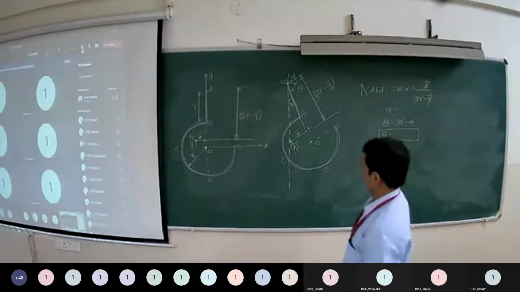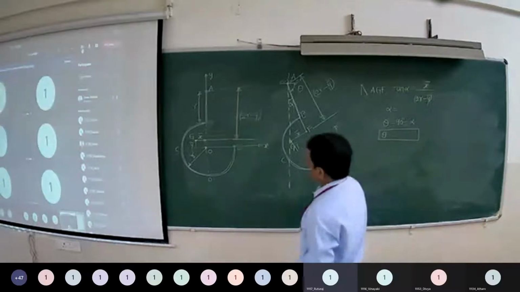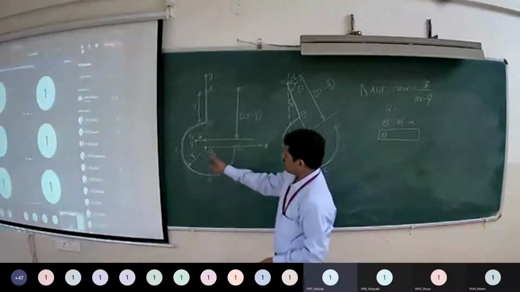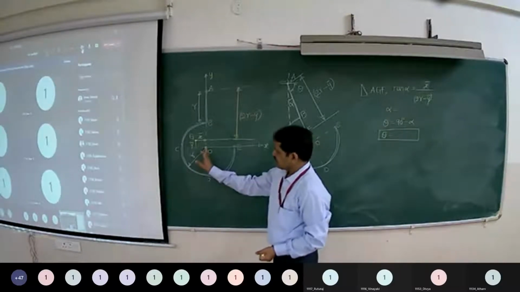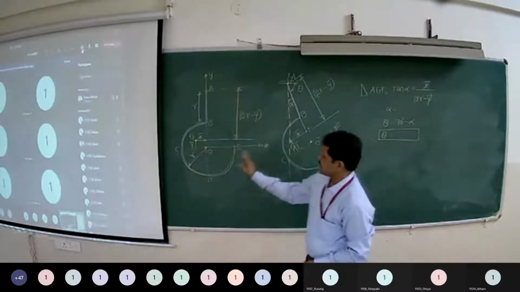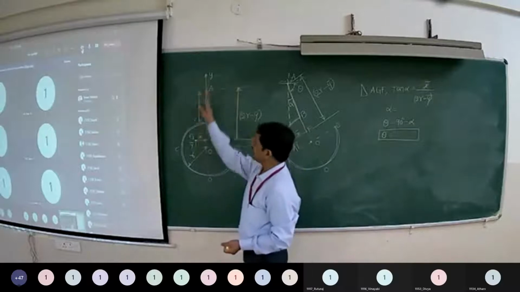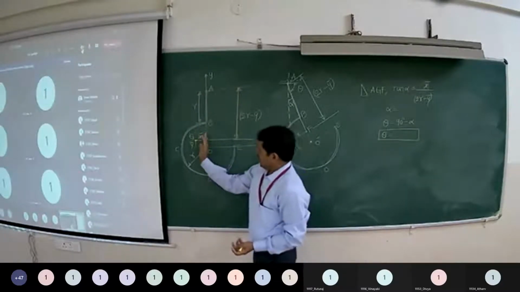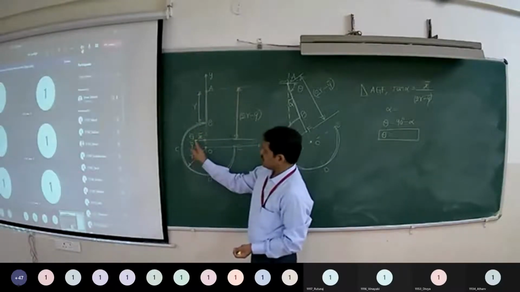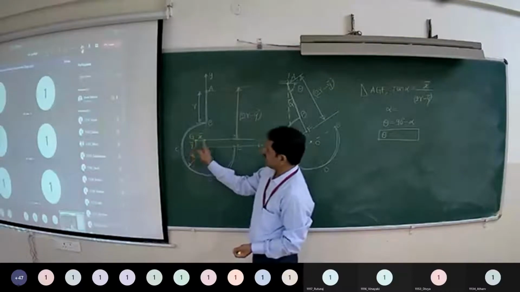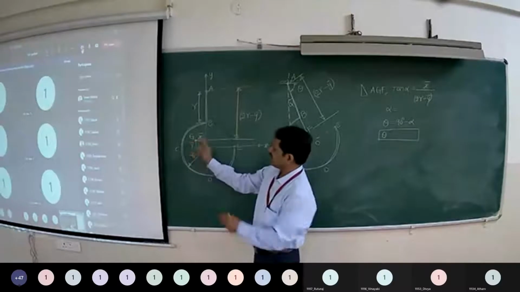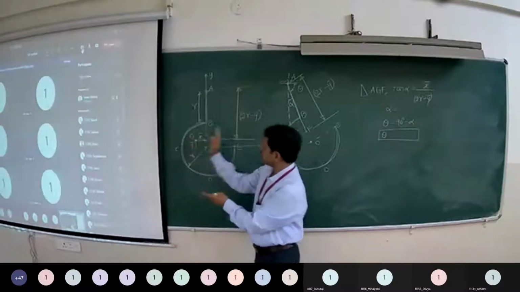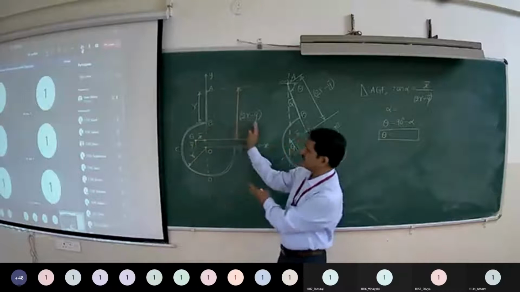Sir, please repeat geometry, sir. See, I am taking the center of the circle as the reference point. With respect to point O, I am taking this as x-axis and y-axis. The position of centroid is G, having coordinates x bar and y bar. We know that the center of gravity will be located on the left hand side only because this portion BE is removed.